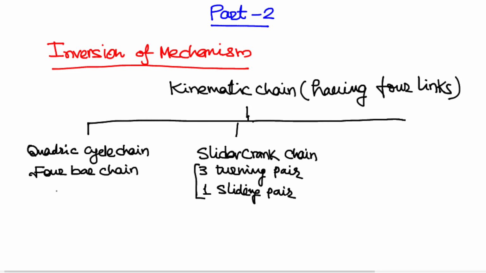And in four-bar chain there are four pairs, all turning pairs.